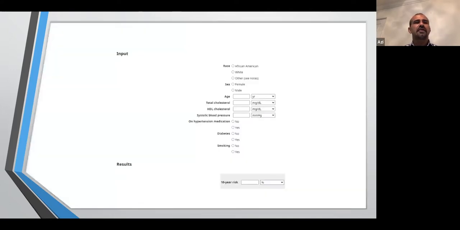We do the quick chart. These are the values needed during history and exam, and some of the laboratory data. After putting in the data, we do the 10-year risk assessment. The severity is usually 15% or more. And if that happens, next slide, please.